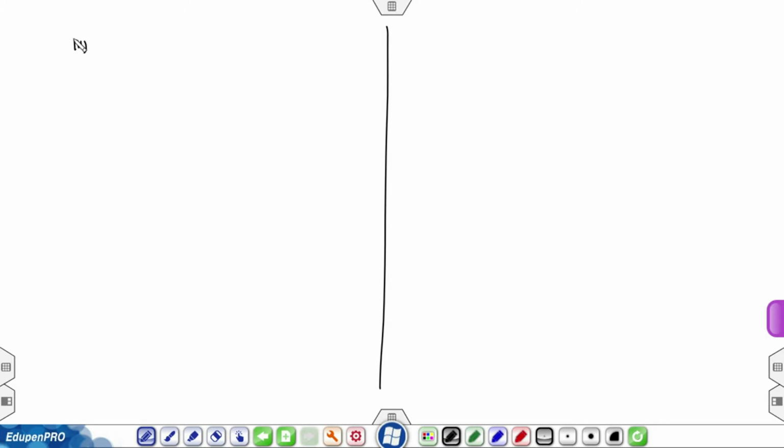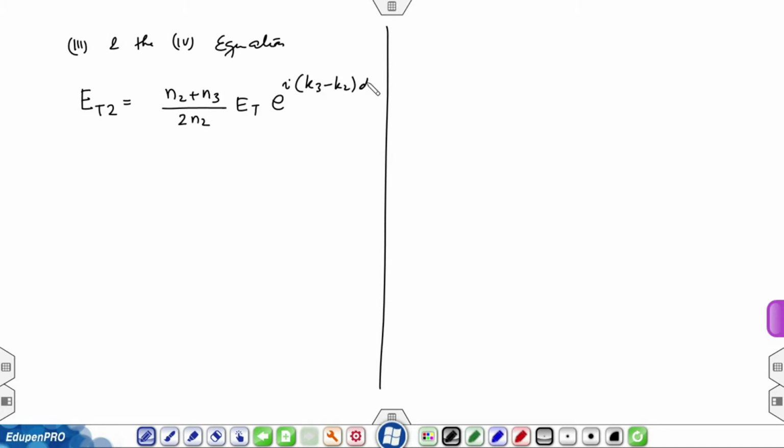From the third and the fourth equation, I get ET2 equals N2 plus N3 over 2N2 ET e raised to I K3 minus K2 D. And I also get ER2 equals N2 minus N3 over 2N2 ET e raised to I K3 plus K2 D. And I need to plug these into equations 1 and 2.